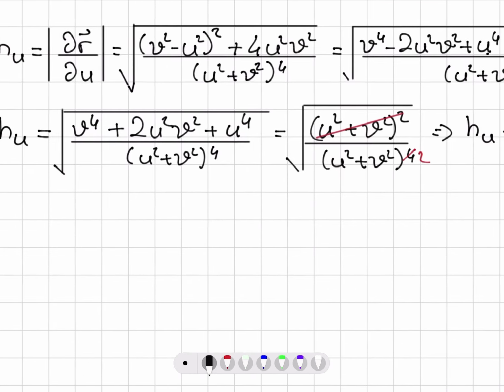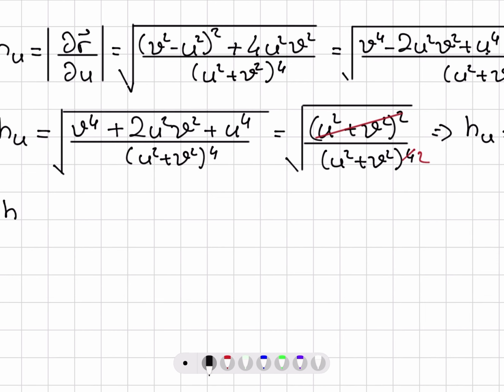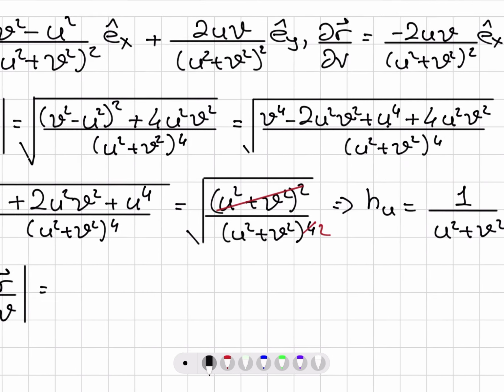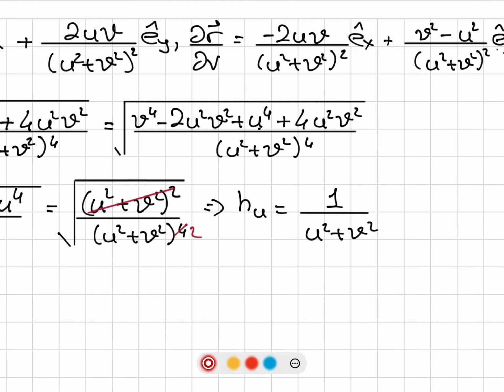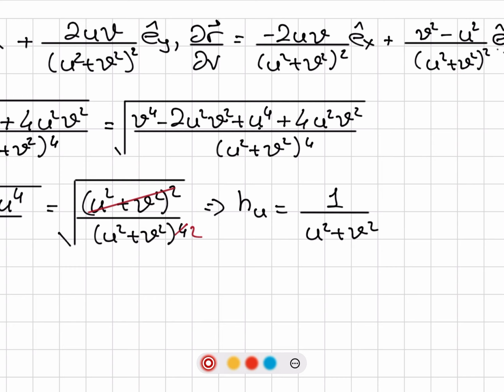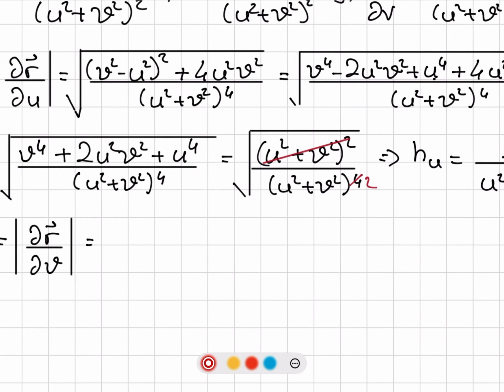Now, as for the scale factor h sub v, similarly, I have to take the magnitude of del r del v. And now I'm looking at del r del v. So this is going to give me 4u square v square plus (v square minus u square) parentheses squared divided by the bottom to the fourth power, (u square plus v square) to the fourth power.